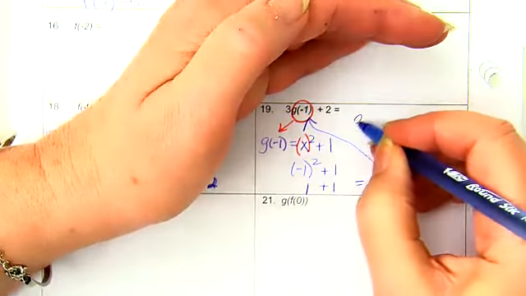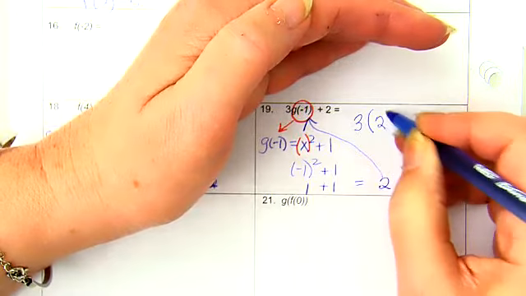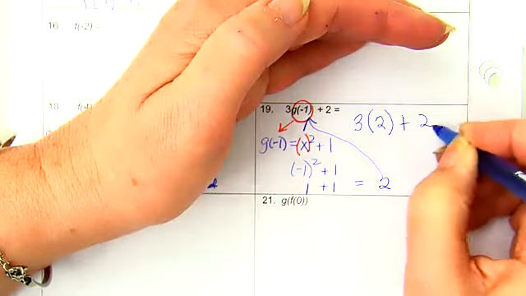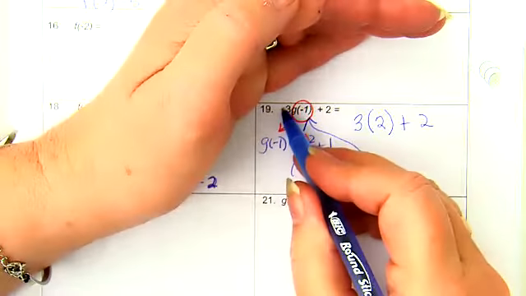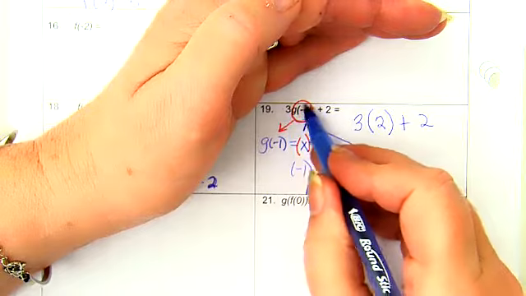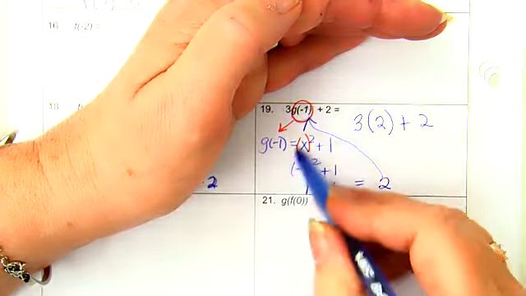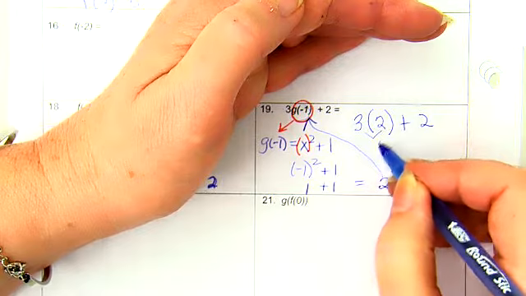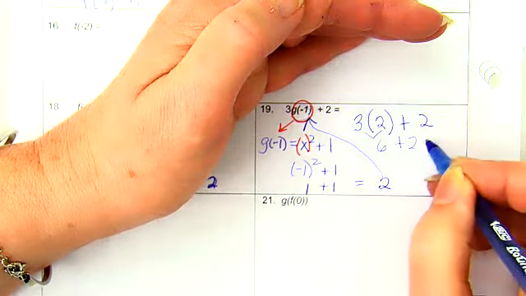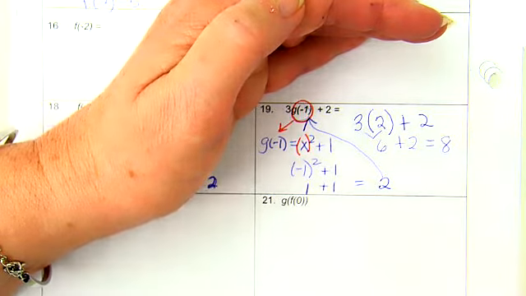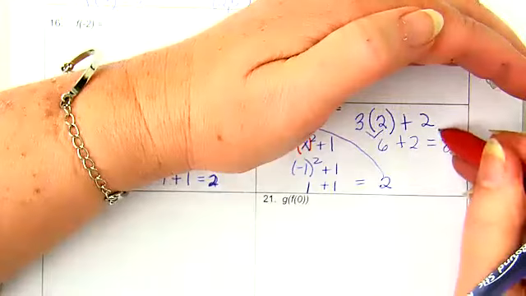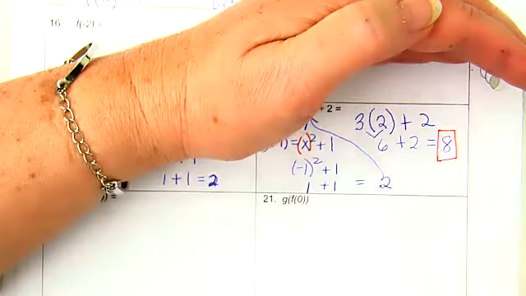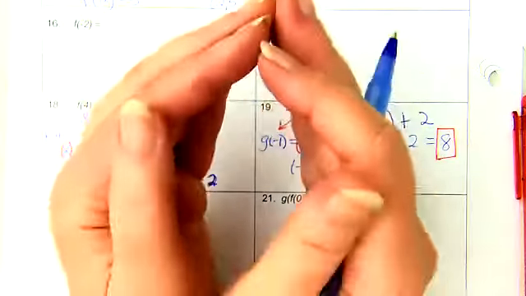So I have 3 with a 2 plus 2. Here's the 3. And then instead of G of -1, this came out to be 2. 3 times 2 is 6. 6 plus 2 is 8. That's the final answer. So you're going to work from the inside out.